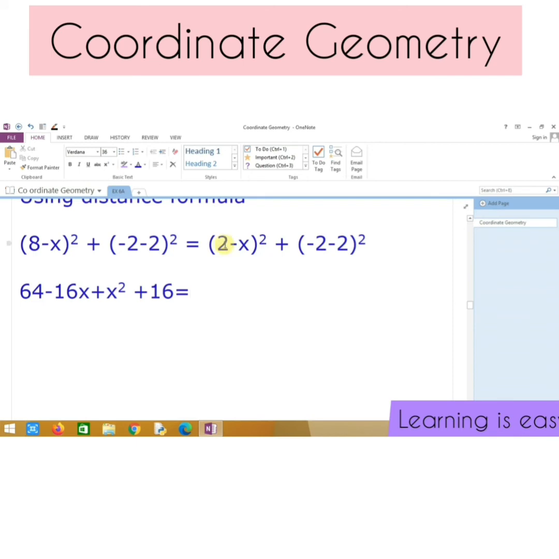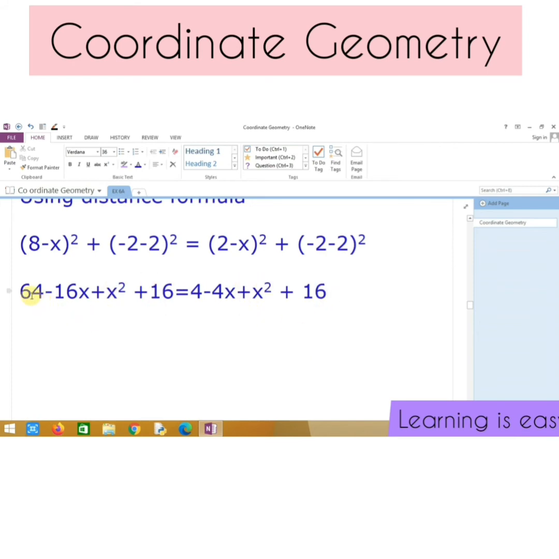So 4 minus 4x plus x square, plus (minus 4) whole square, which is again 16. 16 and 16 go off from both LHS and RHS.